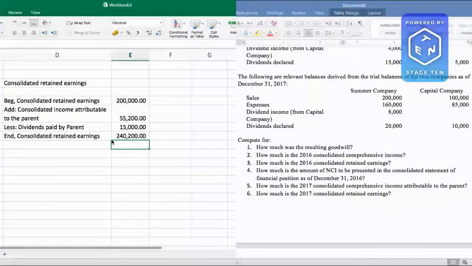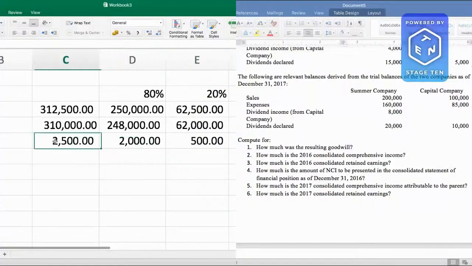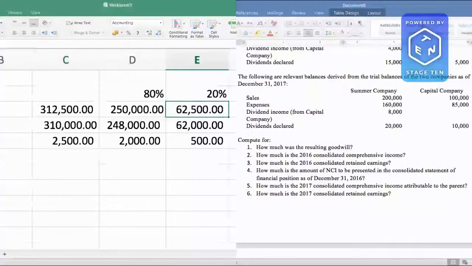But to arrive at the NCI to be reported at the end of 2016, you must get the NCI at the date of acquisition. But not a problem, class. We have solved this earlier when we solved for the goodwill. I hope you're able to remember. We were able to solve that the goodwill is 2,500 and that the presumed fair value of your NCI is 62,500. And this would now be the beginning balance of our NCI.